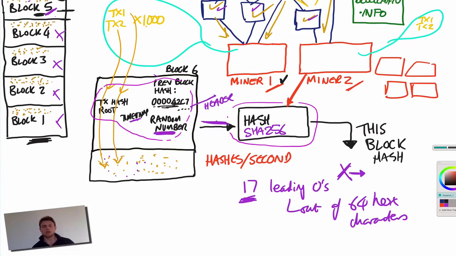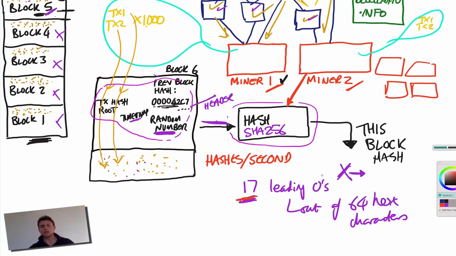So basically, all of these miners are listening to the same transactions coming in over the network, and they're saying, keep hashing those transactions along with tweaking the random number, and just keep doing it as many times per second as they can until one of them hits the jackpot.